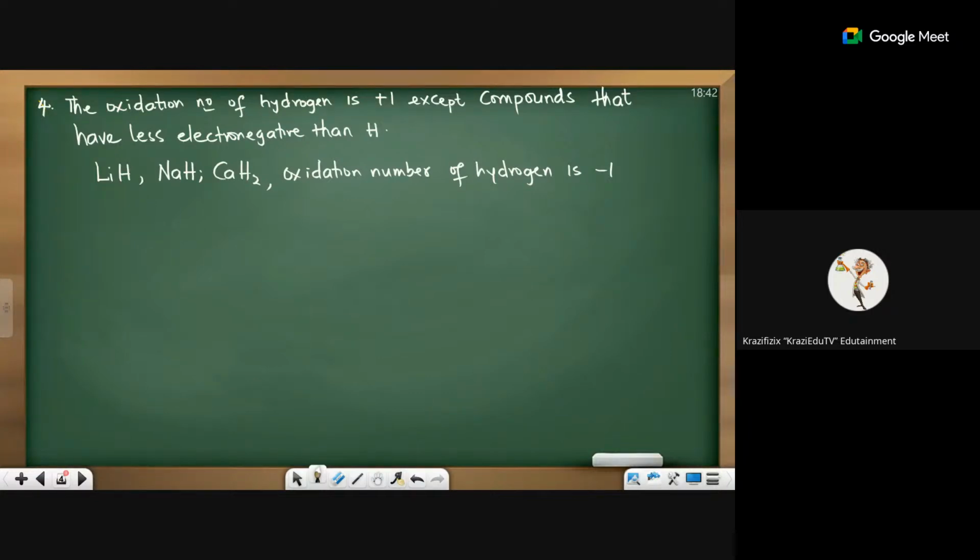Right? Number 5. Let me run through quickly before I start doing calculations. The oxidation number of oxygen is -2 in most compounds, except in peroxides, such as hydrogen peroxide, H2O2.